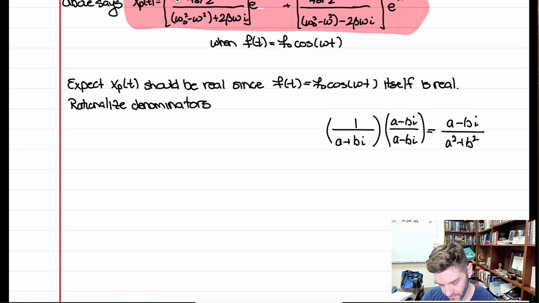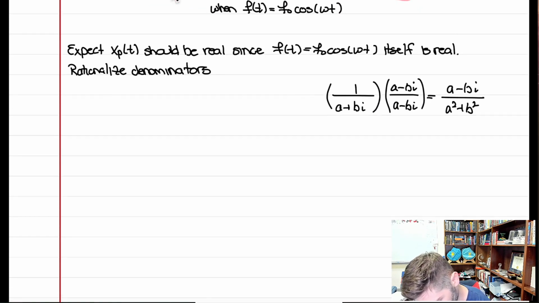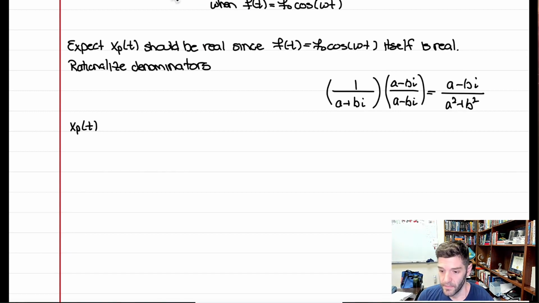So I can take the things in brackets and multiply by their complex conjugates, which notice are complex conjugates of each other, which is going to be helpful because this is ultimately going to simplify to more or less the exact same thing, at least in the denominator. So when you do that, let me just jump right to the end rather than having you watch me do math. The first one still has the f0 over 2.